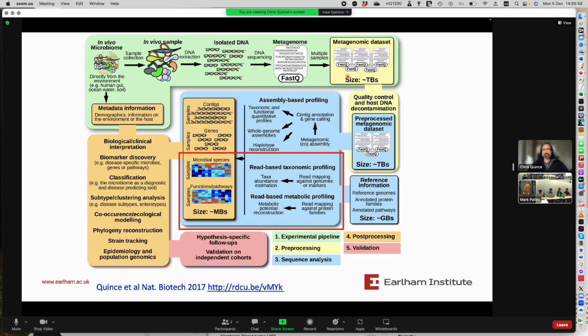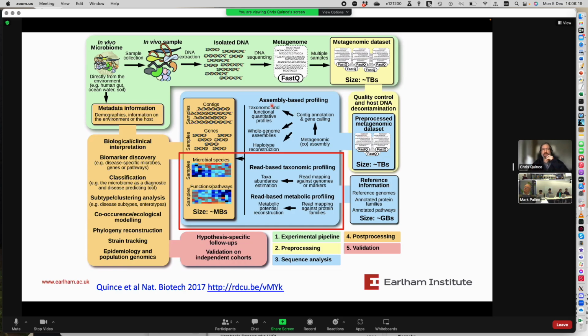Now, in 2017, we wrote this review paper where we reviewed all the steps in a metagenomics analysis. And in that, we talked about two different strategies for analyzing the sequence.